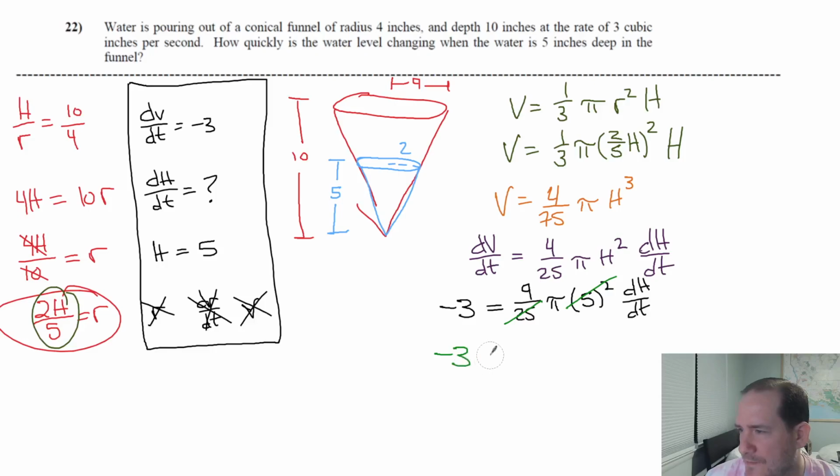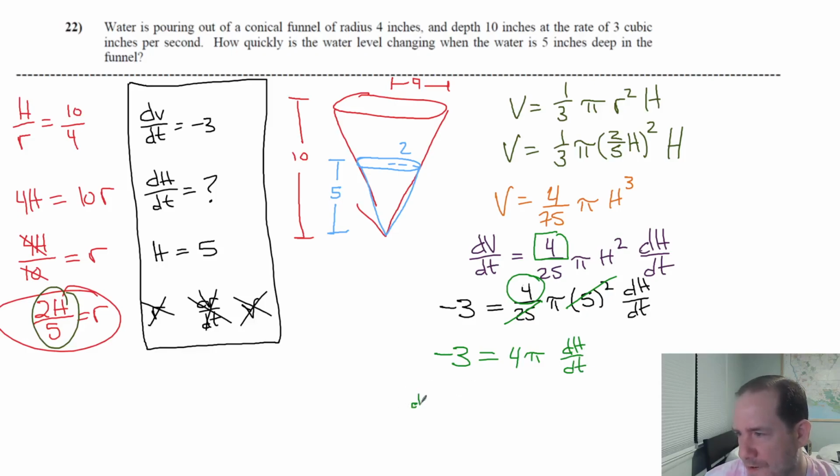So we've got -3 equals, now is this a 9 or a 4? It's 4, because remember up here it was a 4. So again, this is just my writing tablet being a little bit weird. That's supposed to be a 4. Don't freak out. So where were we? We just have a 4 and a pi because everything else canceled.